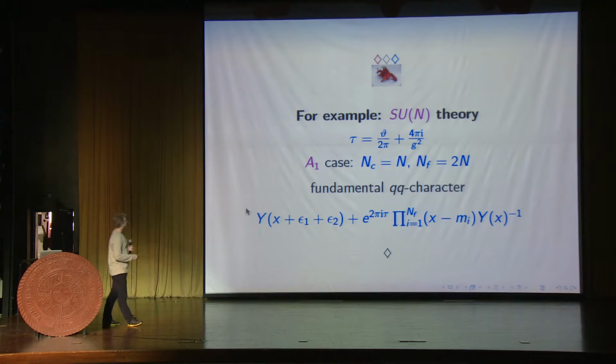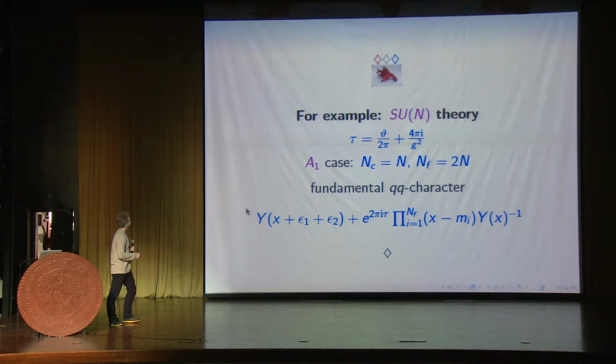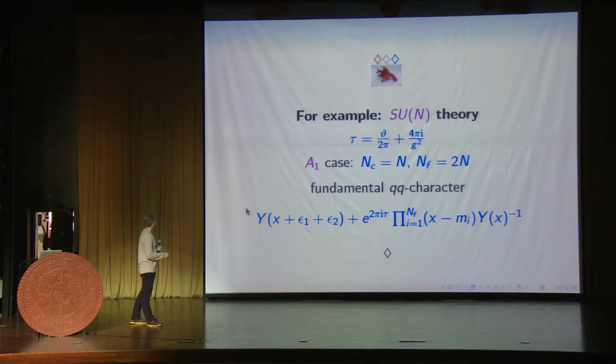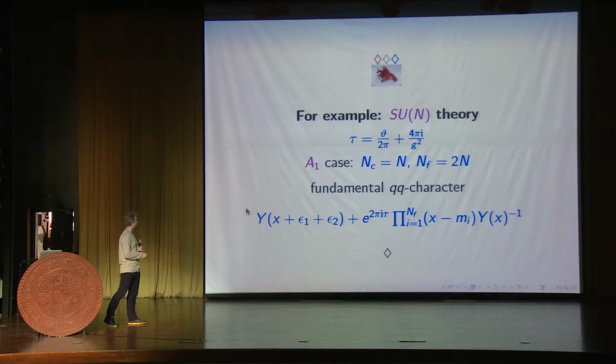So the simplest example of such a correction term, such an expression, is in the SUN gauge theory with 2n fundamental hypermultiplets. I know that Nachi is here, so I'm not calling this UN gauge theory. This simplest fundamental character, QQ character, is a sum of two terms. First you have this Y expression whose argument is shifted by some parameters of omega deformation.